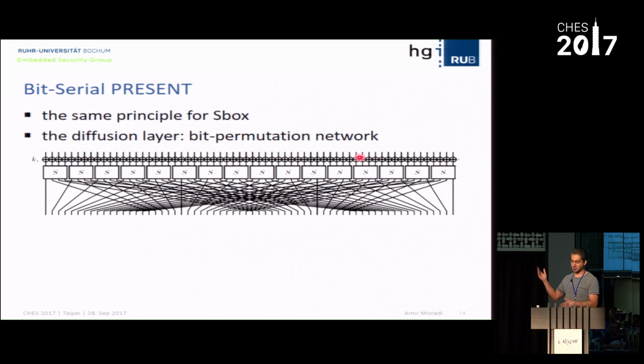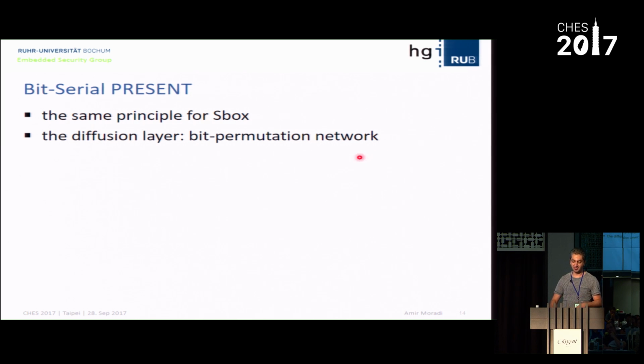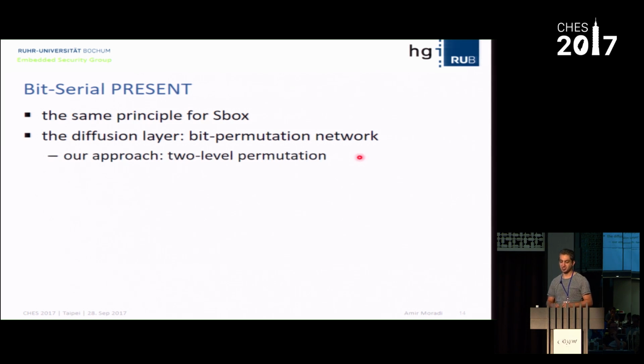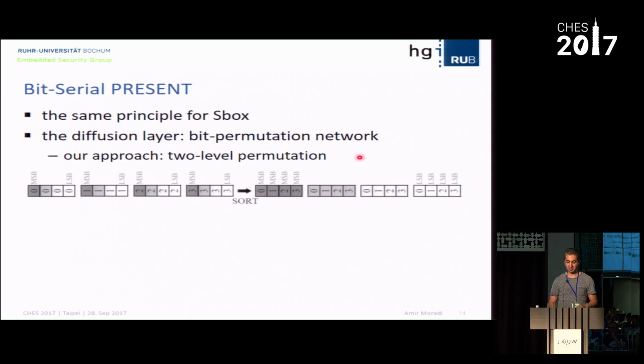It's a bit permutation. This is a pretty well-known systematic architecture of the permutation, and we could not perform it very easily, so we came up with a two-level permutation. First you sort: the first MSBs go here, then the second bits of every row of the state of the PRESENT cipher, then the third MSBs, and finally the LSBs.